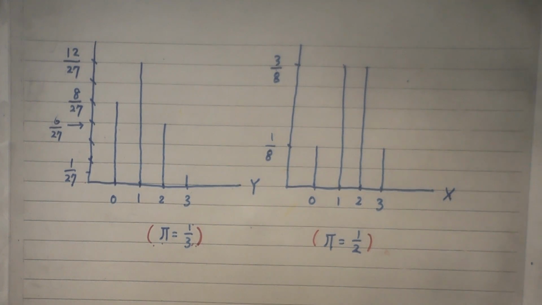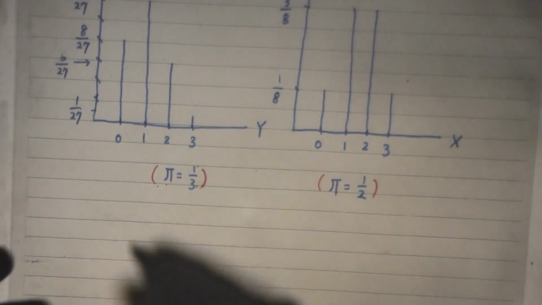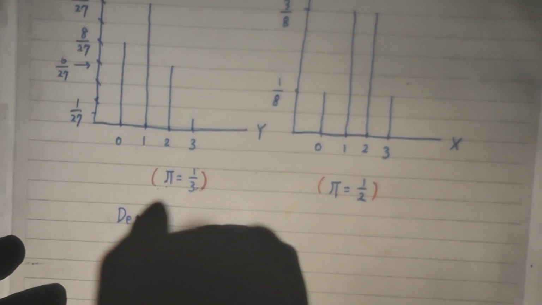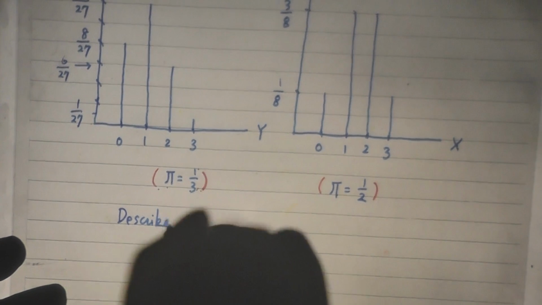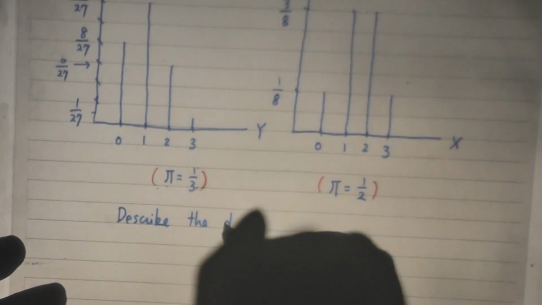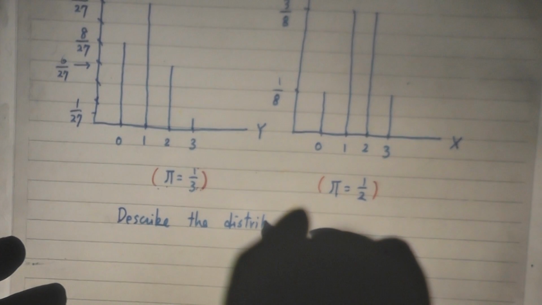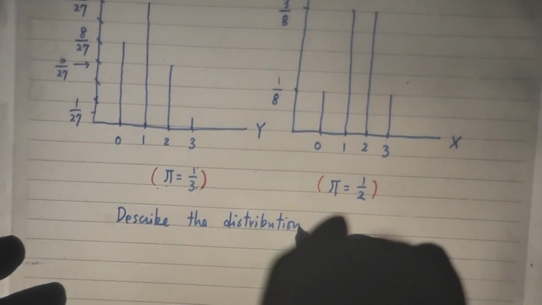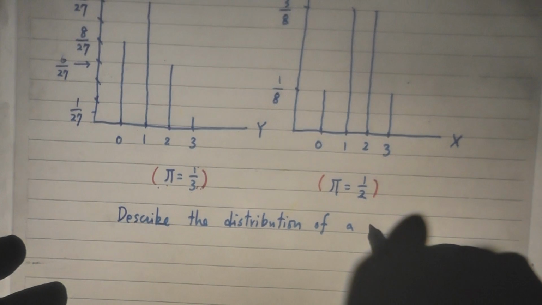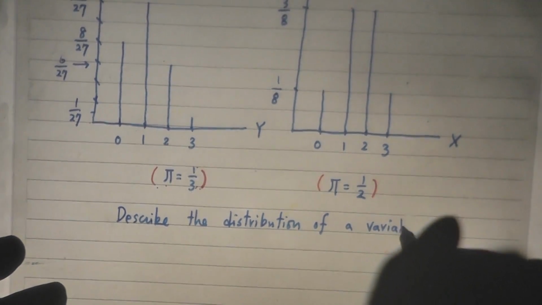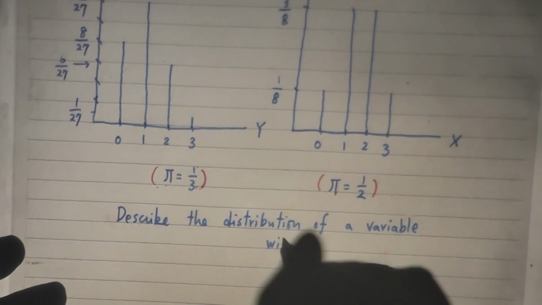When we look at the graph and we are interested in the distribution of a single variable, how can we describe the distribution of a single variable with a graph?